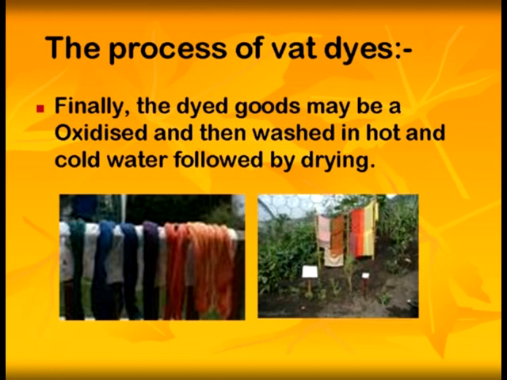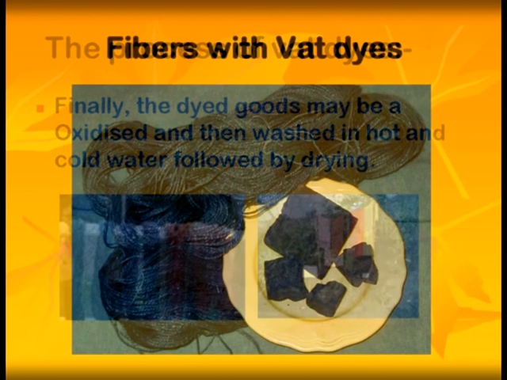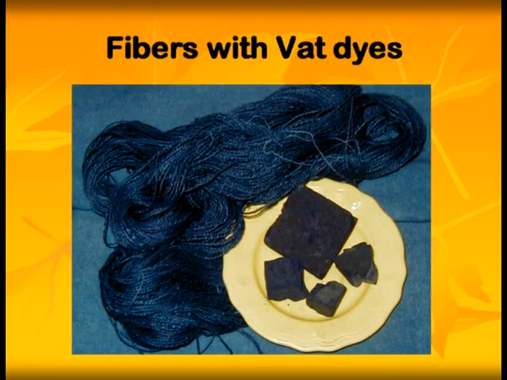They then may be kept for drying in the open, where oxidation takes place over a period of time. To accelerate oxidation, they may be treated with hydrogen peroxide or sodium perborate and acetic acid.